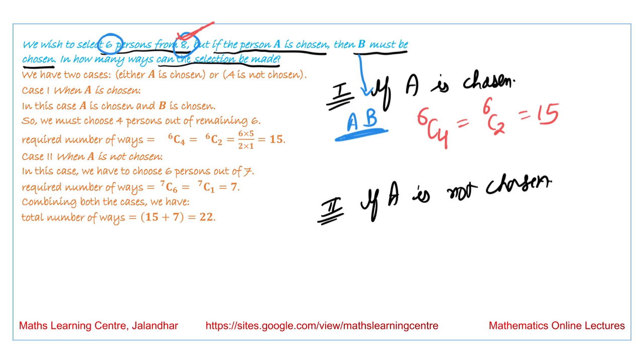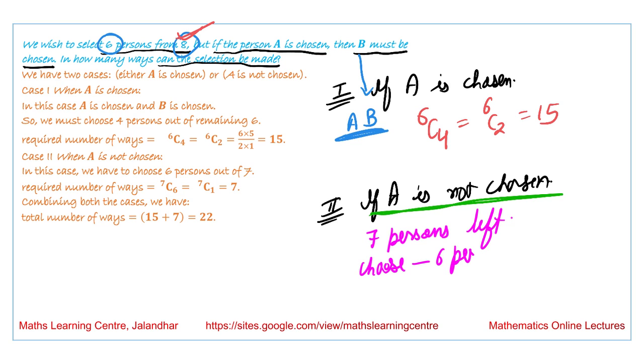Second case, we are saying if A is not chosen, then the number of persons left over here is 7, out of which we have to choose 6 persons.